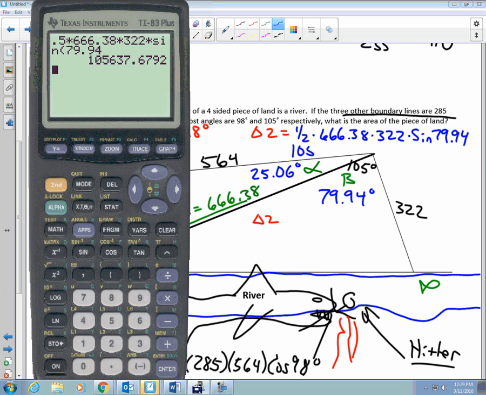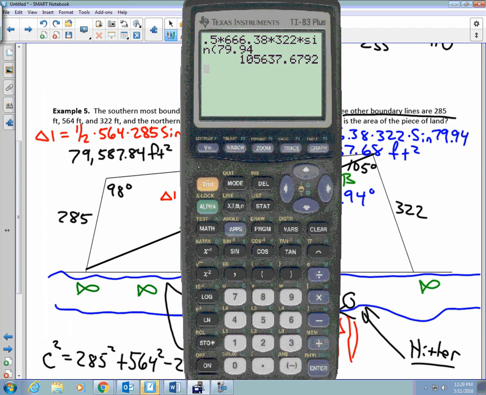We get 105,637.68. What do I have to do to find the whole answer? Add them together.